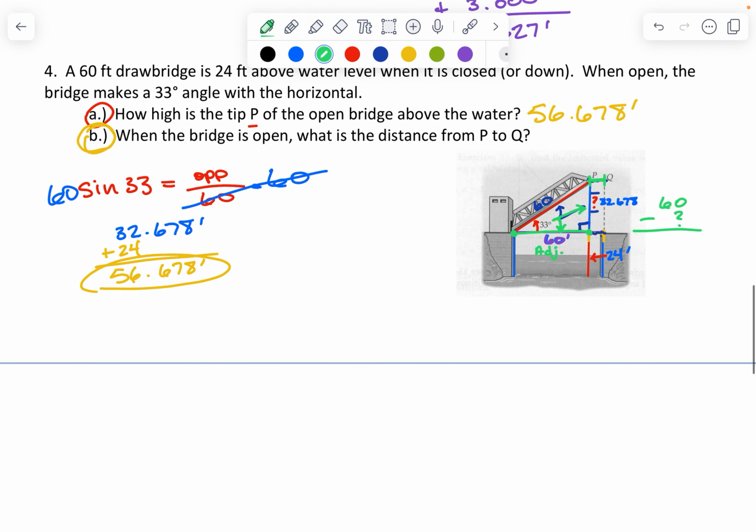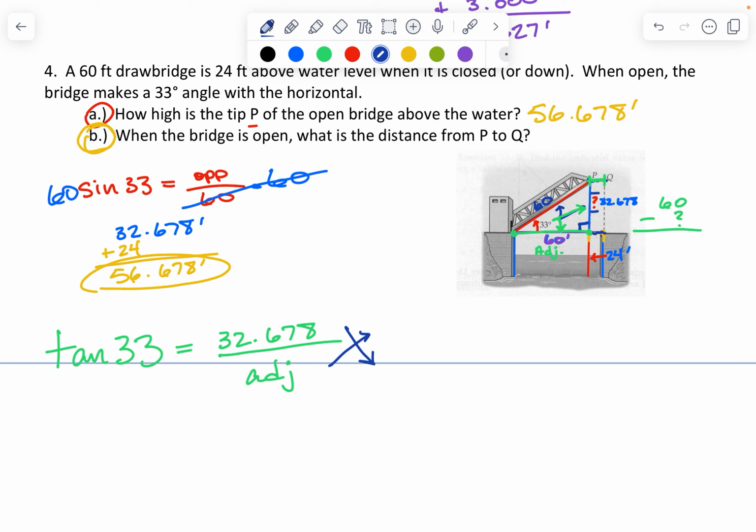And so we can say the tangent of 33 equals 32.678 over the adjacent. And we need the adjacent. So this is one of those ones like earlier where it would be really nice if I could flip this.